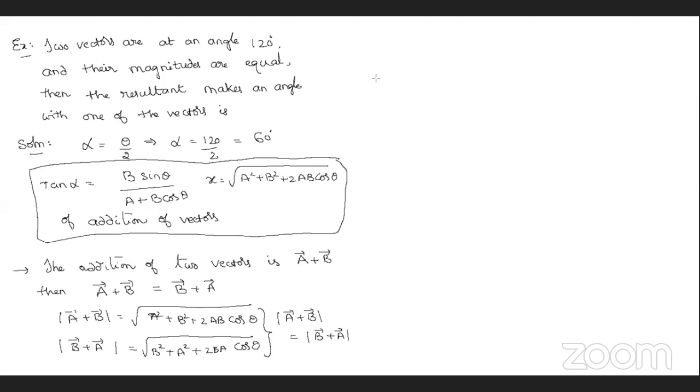Suppose this is A bar and this is B bar. I put the directions also: A bar direction, and this is B bar direction.